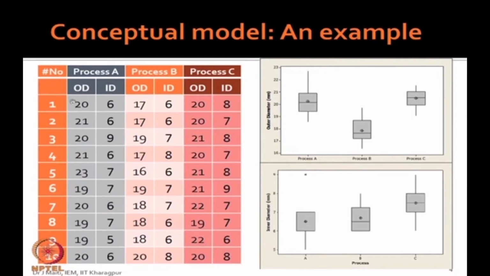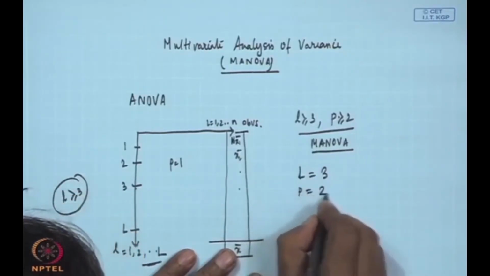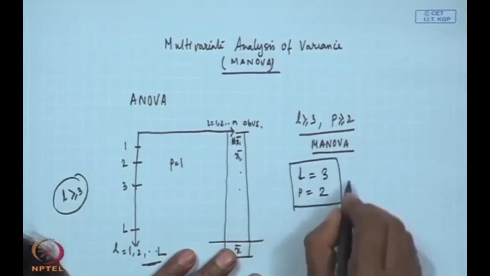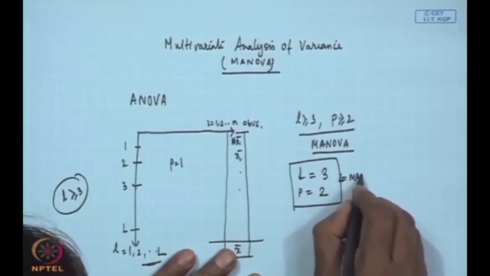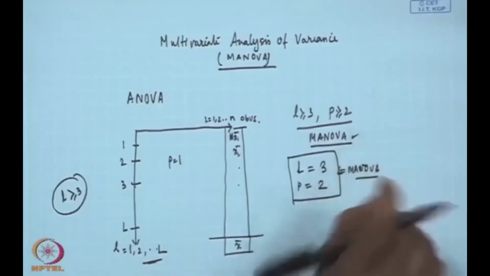So, the steel washers produced by the three processes are measured in terms of two quality characteristics, outer diameter and inner diameter. So, here p equal to 2, and there are three processes, process A, process B and process C. So, our example case is capital L equal to 3 and small p equal to 2. So, this is a case for MANOVA.